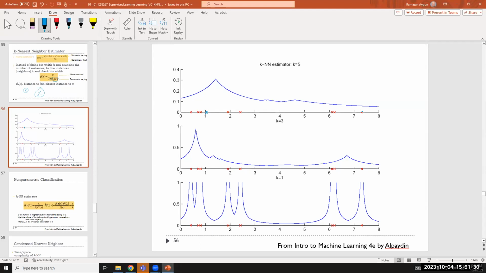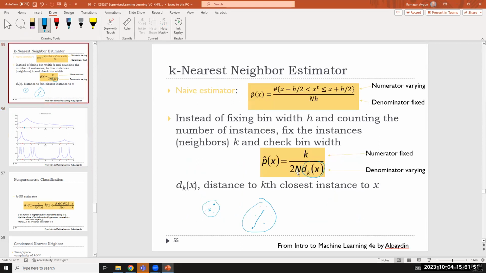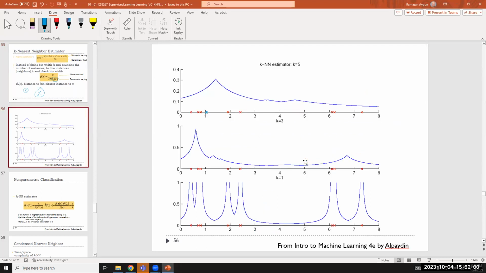Yes, we sort all those distances and find the fifth neighbor, then look at the distance for this position. For example, for position one, the fifth neighbor is this one. Then you put it into the formula. K is fixed, so the distance is a varying number, and that's how you measure the density.